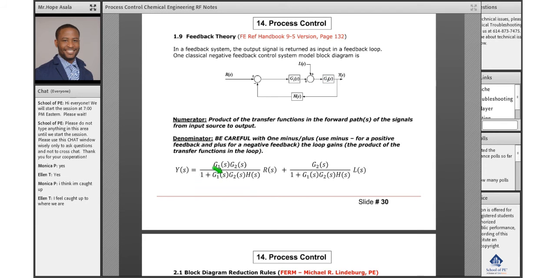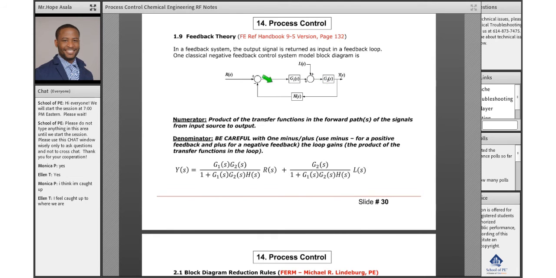So this is the standard way you're going to have it: G1(s) times G2(s), divided by 1 plus G1(s) times G2(s) times H(s). Previously, what we saw was Gp1(s) over 1 plus Gp1(s) times H(s). But this multiplication you see over here is because you have things in series. So these are an introduction to the rules in block diagrams, right?